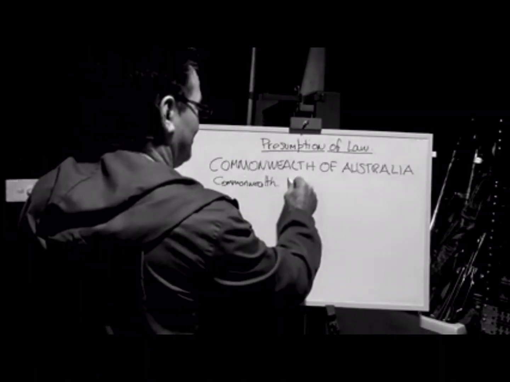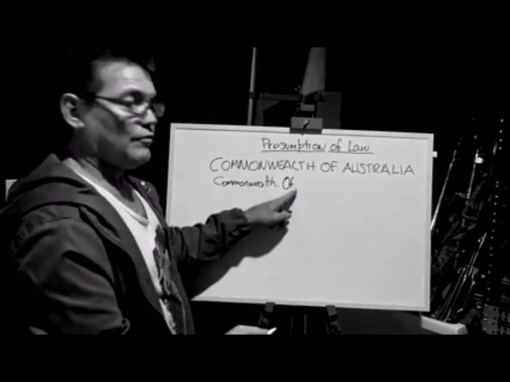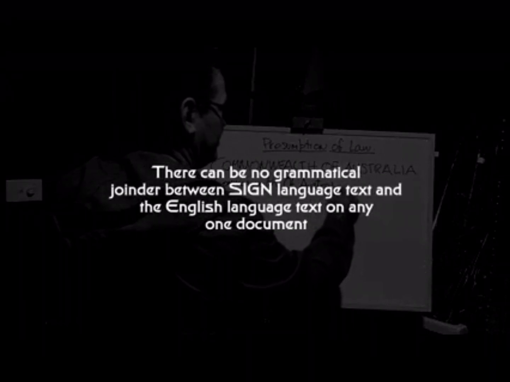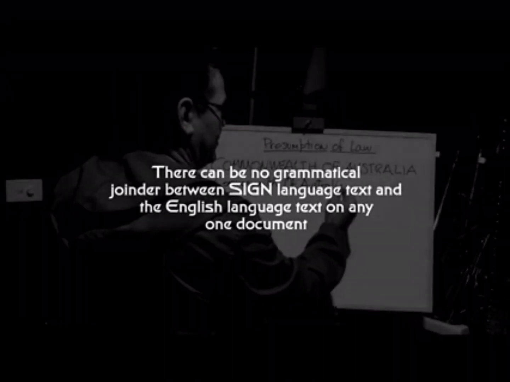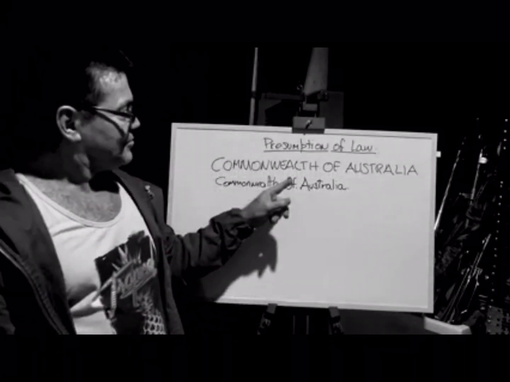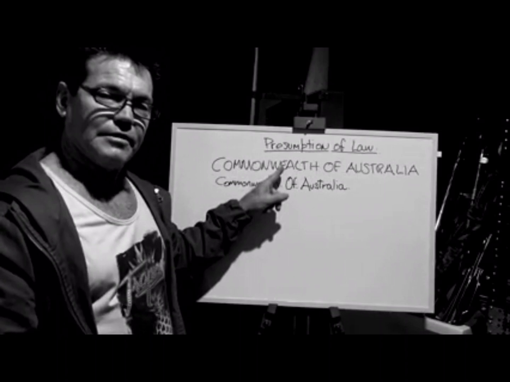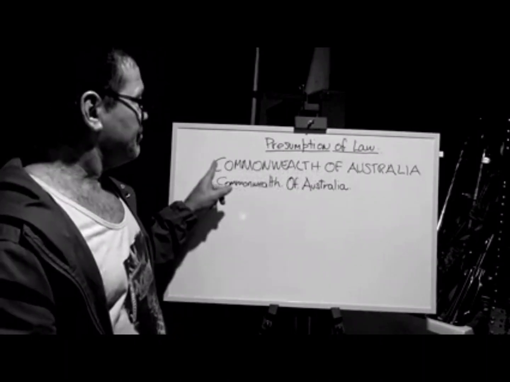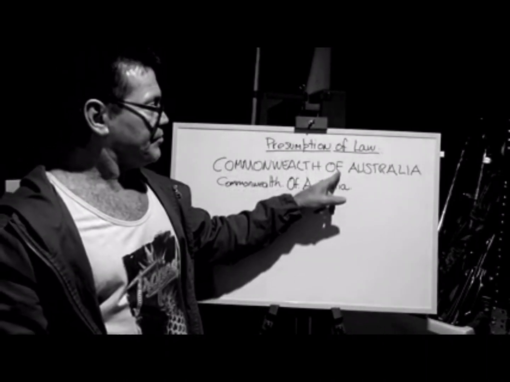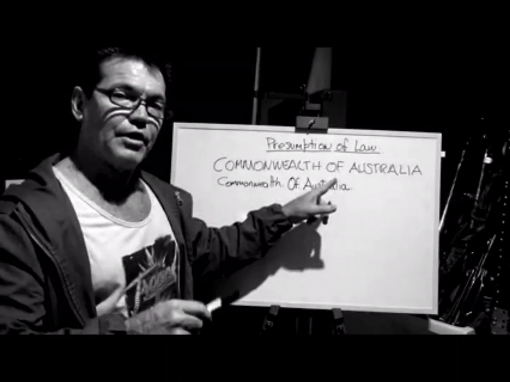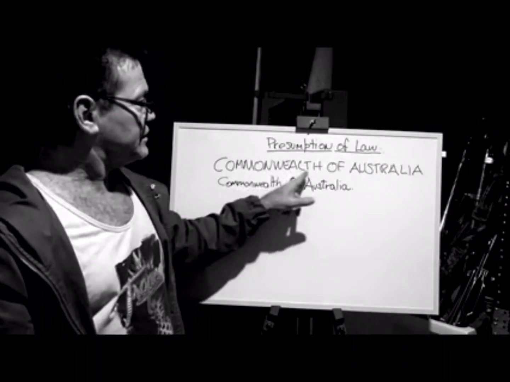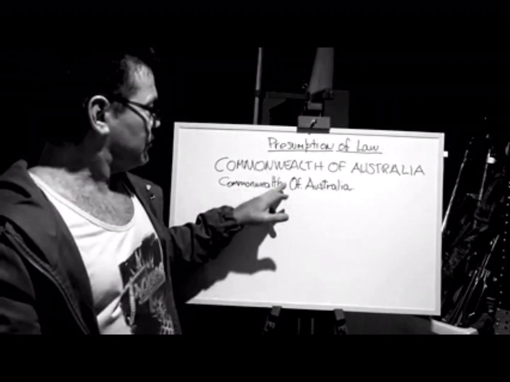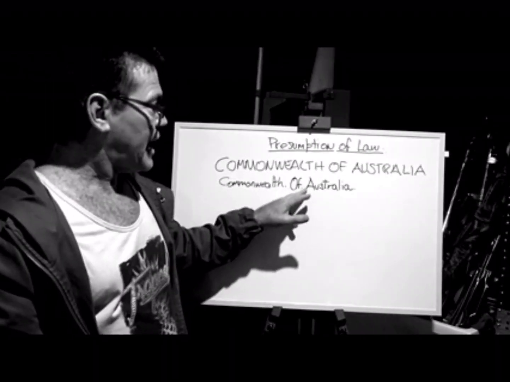Full stop. Of. Full stop. If this is a form of sign language or Egyptian hieroglyphic text or a Latin-based text that operates under the Latin grammatical rules, if we translate this into the English text, Commonwealth of Australia, it reads Commonwealth, full stop, and of, full stop, and Australia.